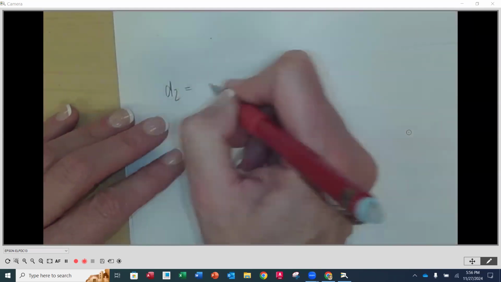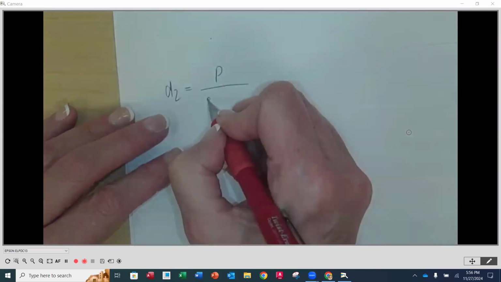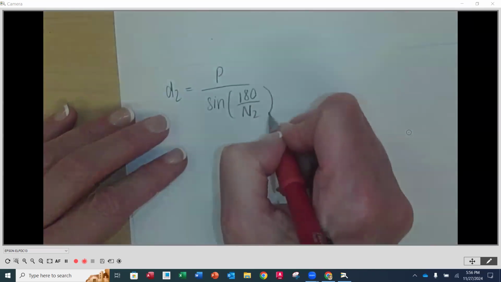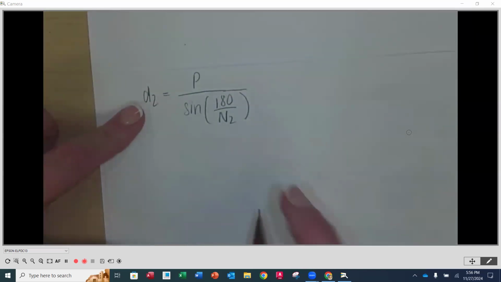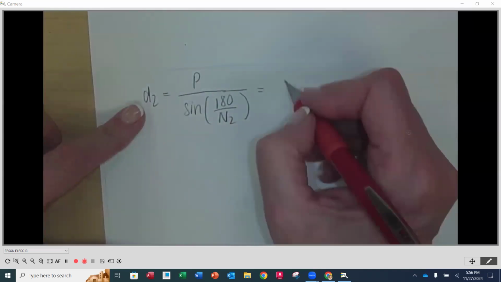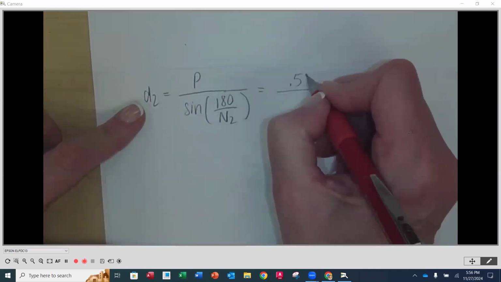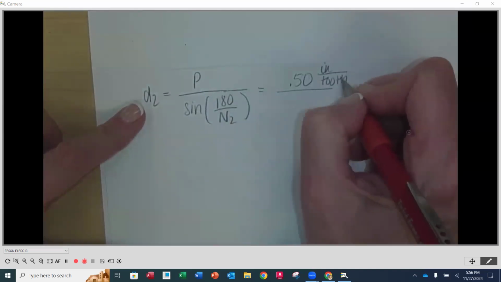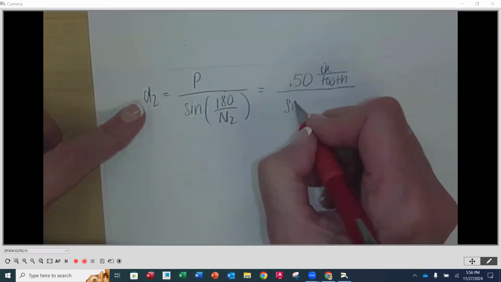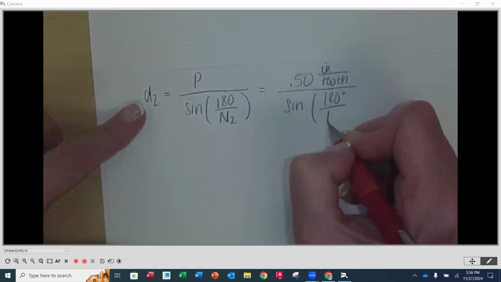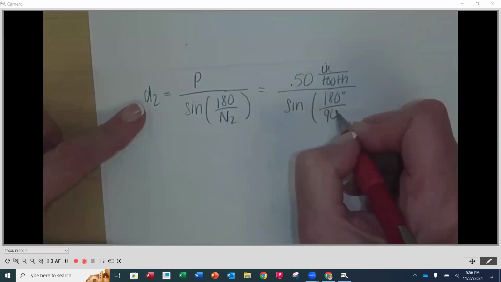My D2 is going to be equal to my pitch again, divided by the sine times 180 divided by this time N2, because I'm looking for the pitch diameter of my driven sprocket. So this is still going to be 0.5 inches per tooth, divided by sine times 180 degrees divided by 90 teeth.